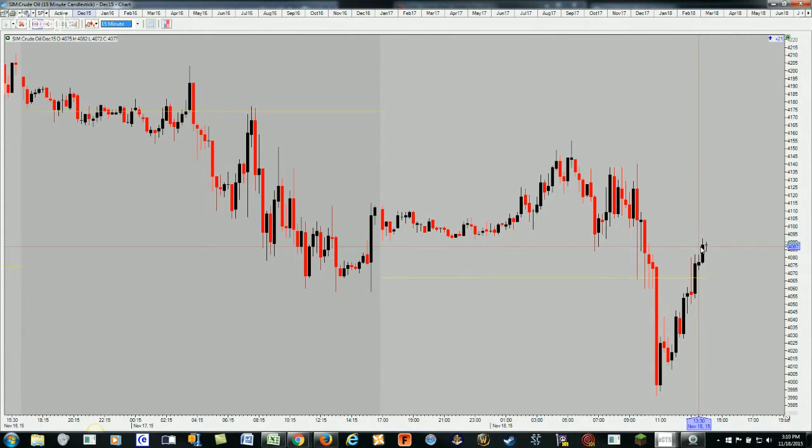Now, by the way, we have switched contracts. The open interest has moved from December to January. We will be dealing with January's contract next week.